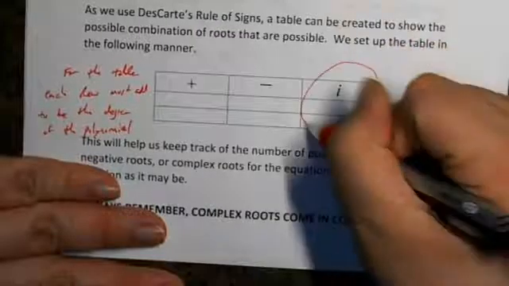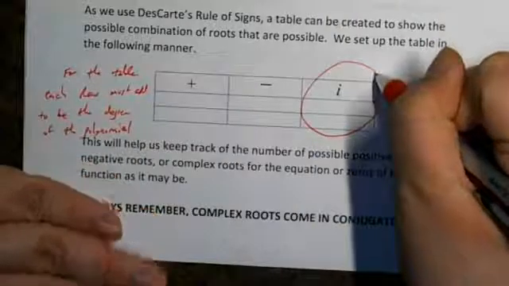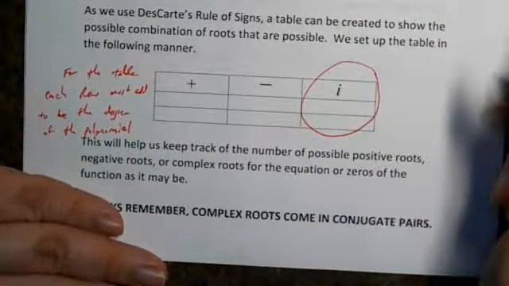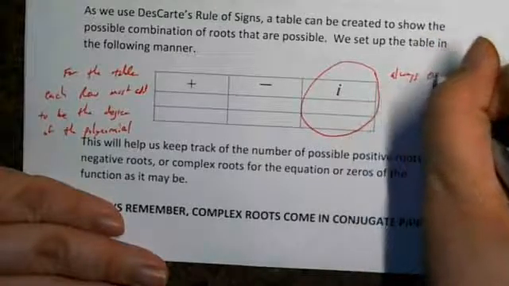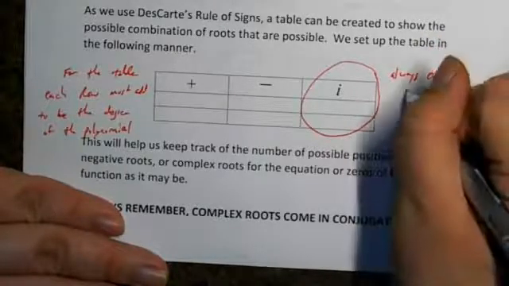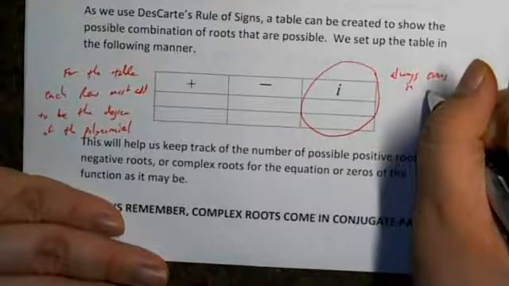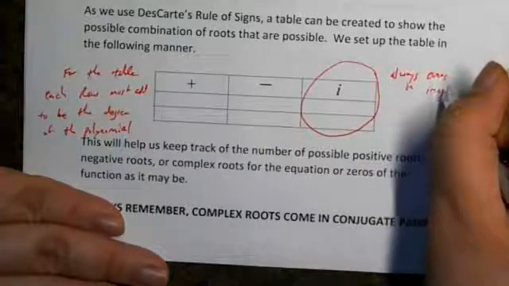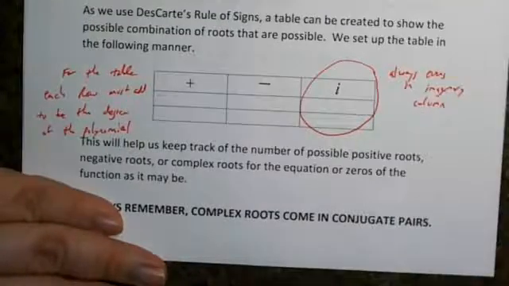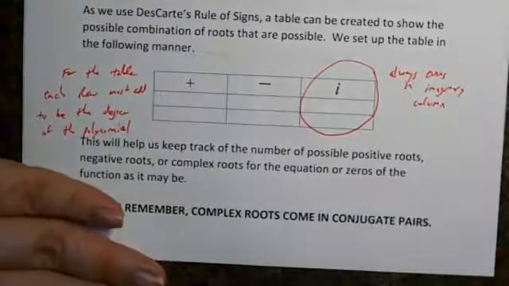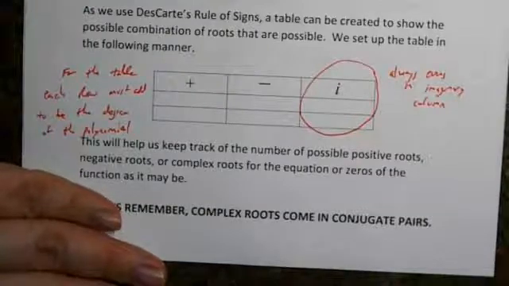This column here always has even numbers. Always evens in the imaginary column. Why is that? Hopefully you're already thinking about it.